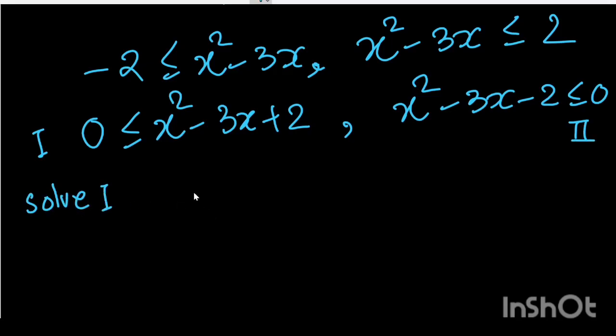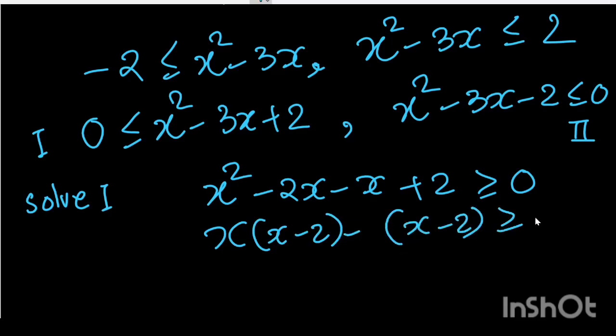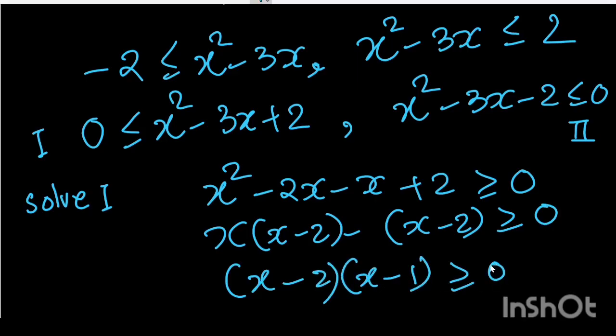Quadratic inequality: x square minus 2x minus x plus 2 greater than or equal to 0, taking x common, x minus 2 into x minus 1 greater than or equal to 0.